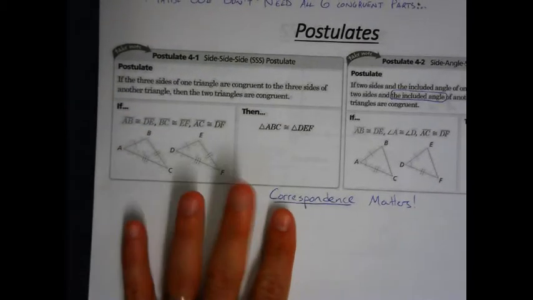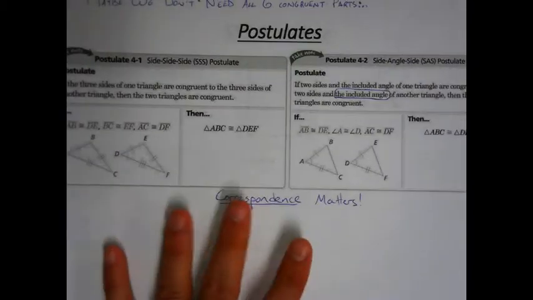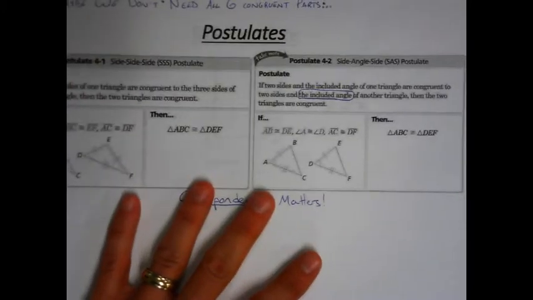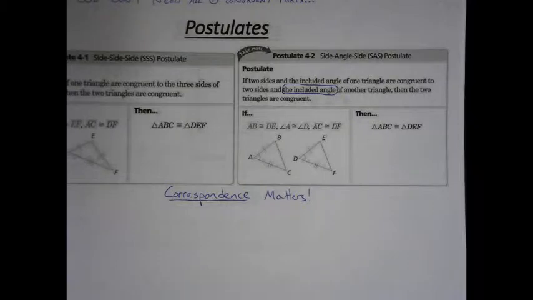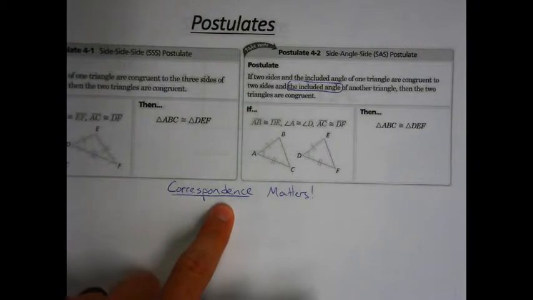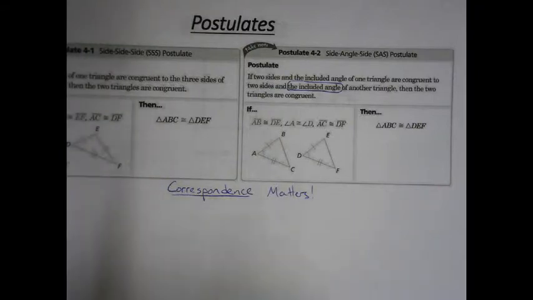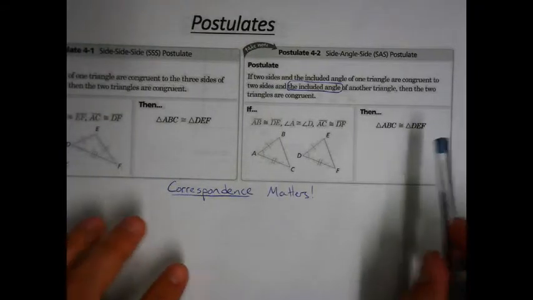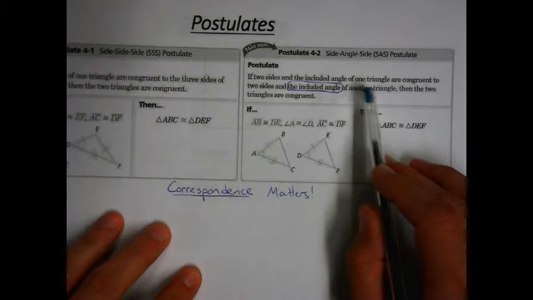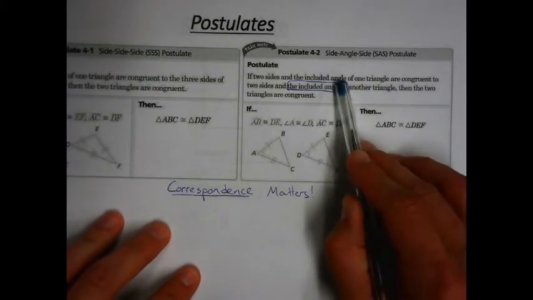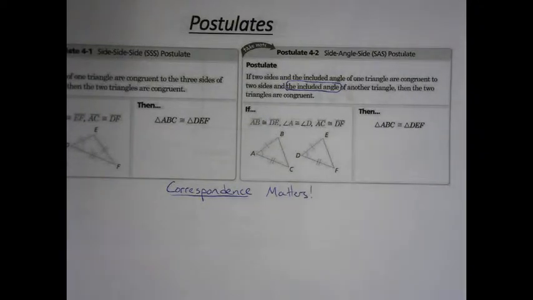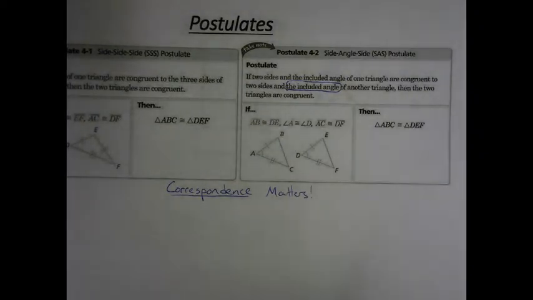Now, there's another postulate where it gets kind of tricky. There's another postulate called side, angle, side congruence. The reason why this is tricky is because, again, first of all, correspondence matters. And then secondly, we have to talk about if 2 sides and the included angle are congruent to the other 2 sides and the included angle.